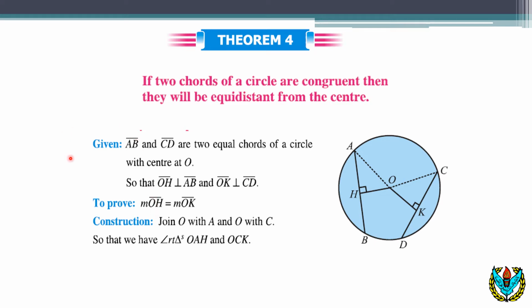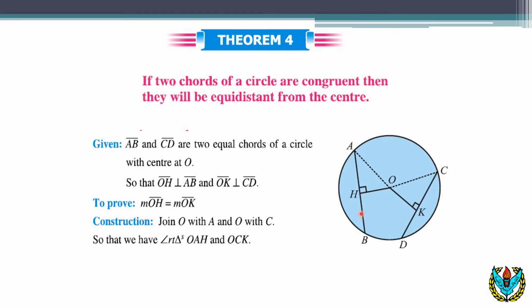Again, I'll repeat what is given in the theorem. If two chords of a circle are congruent, AB and CD are two equal chords in a circle with center at O, so that OH is the perpendicular drawn from center to the chord AB.